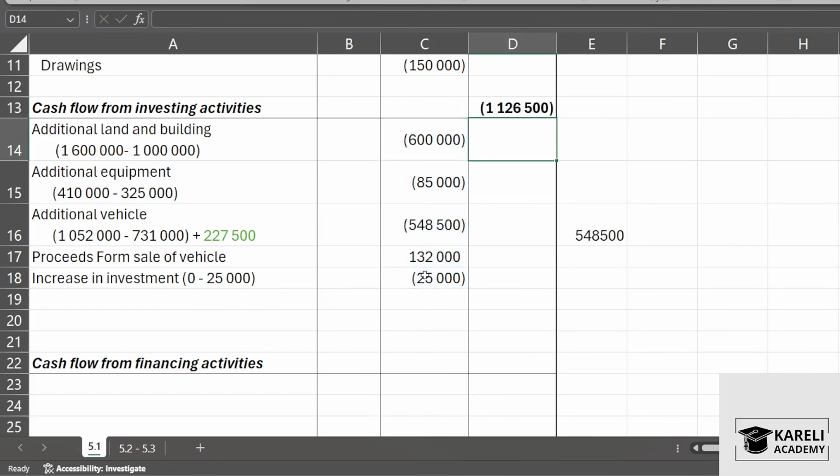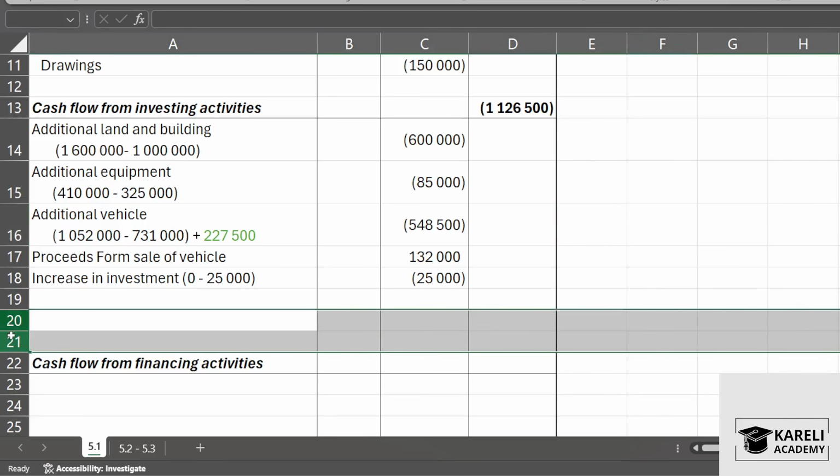Then they will give you minus 1,126,500. Do we have it like that? Yes. Now we are done with cash flow from investing activities.